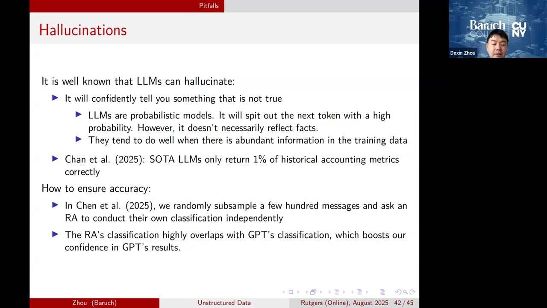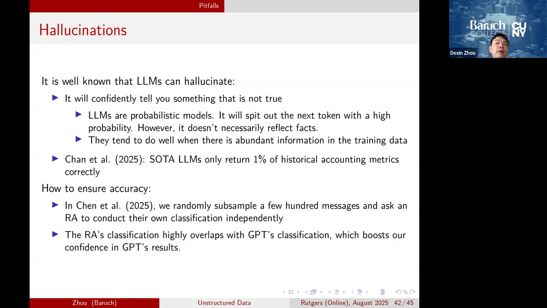So how do you ensure accuracy, right? How are you going to ensure that the model is not telling you something that is simply untrue? Oftentimes, including in our paper, what we do is randomly sample a bunch of statements or texts from the GPT's classification results, and we then ask humans to validate them, right? You could find an RA to do it for you, or you can do it yourself.